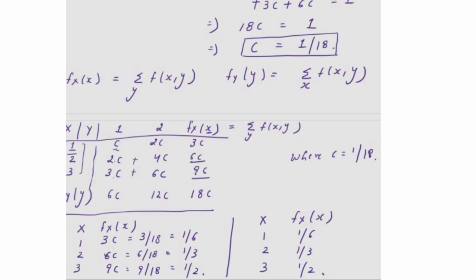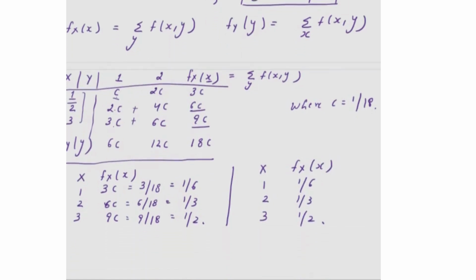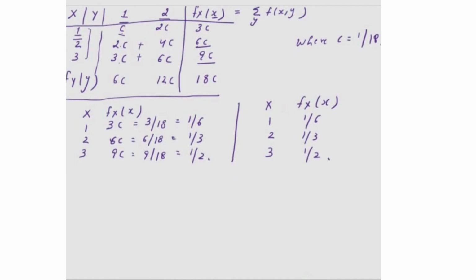Similarly, we can find the marginal density of y. Y is taking values 1 and 2, and the corresponding marginal density at y equals 1 is 6c, and at y equals 2 it is 12c. Substitute the value of c.